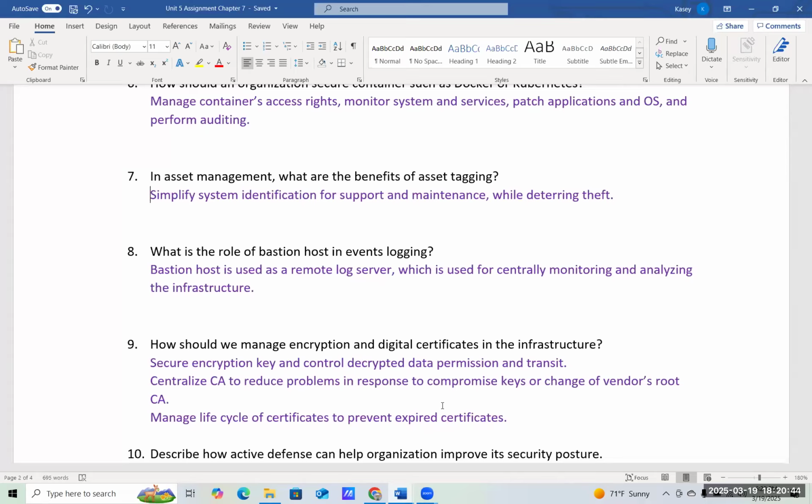We want to also have a centralized CA, which stands for certificate authority. This allows you to reduce issues with a compromised key, right? Or change vendors' root CA. So when you set up a trusted environment, you are going to have a certificate authority.